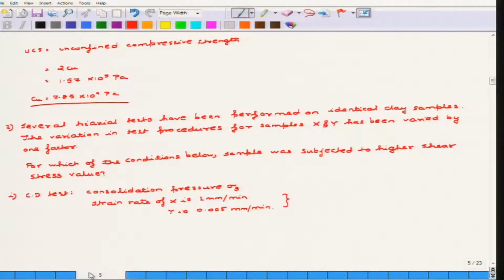In compression it will never fail, and in tension it cannot take tension, so obviously it fails whenever tension is applied. So the only failure that you observe is in case of shear. That is why, by the high stress value, the only stress referred to here is the maximum shear stress at failure.